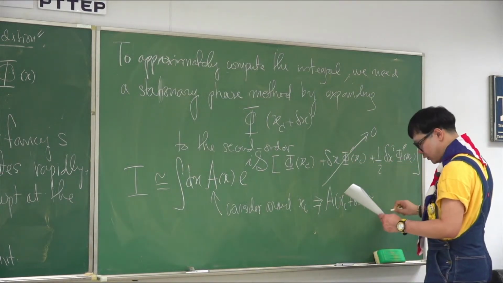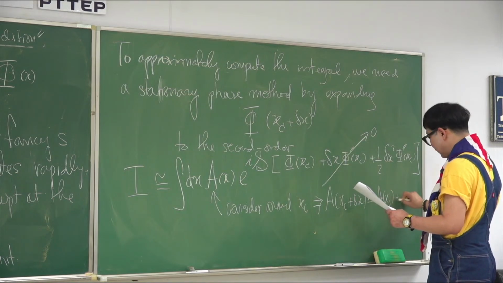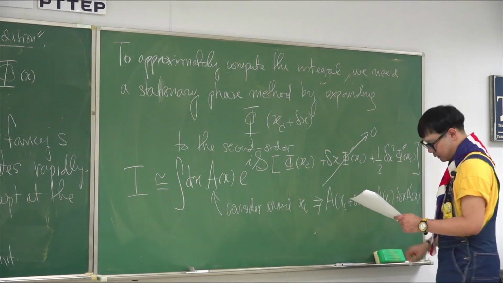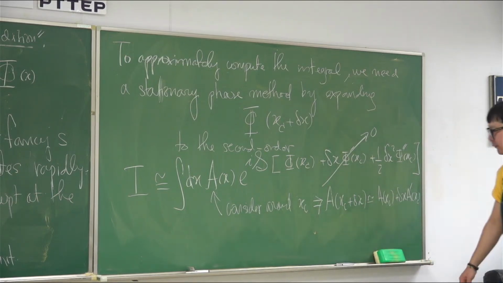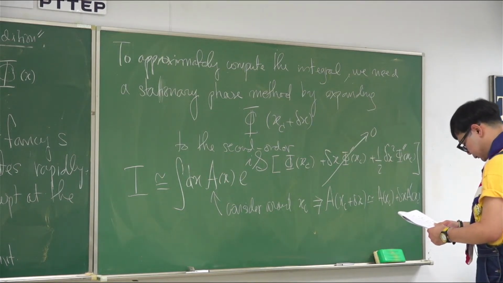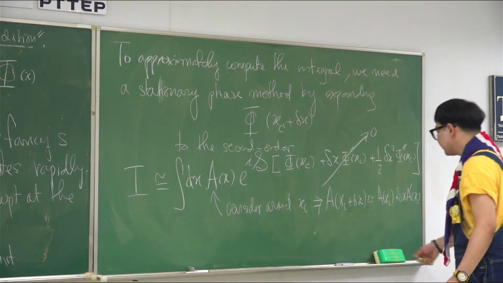So you get A(xc), and of course the first order, right? Then we just keep up to the first order, okay?